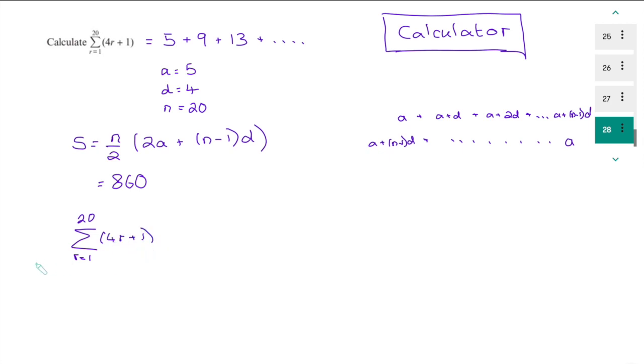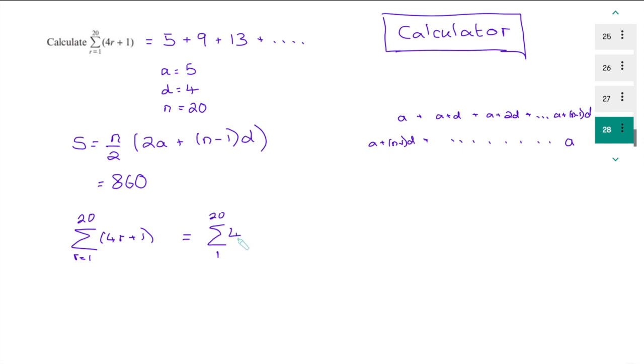Okay, I want you to convince yourself that this we could break down into simply, I'm going to add from 1 to 20. If it's obvious, if you've only got one variable r here, you can omit what the variable is here. It's probably a bit sloppy, but I'm going to do that.